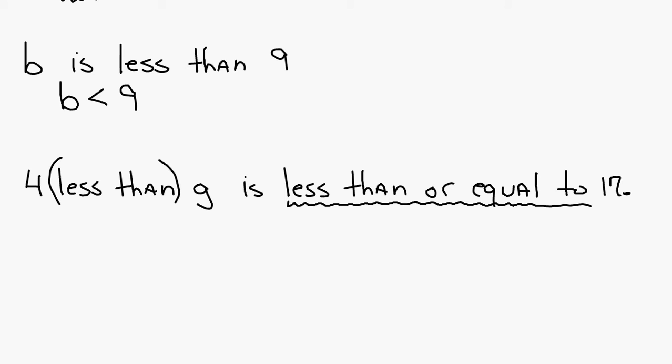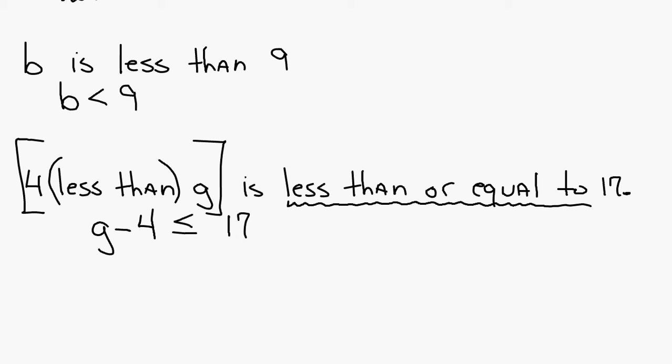So this first less than refers to subtraction. 4 less than G, okay? That's going to be G minus 4. 4 less than g has to get done first. 4 less than g is the number g, whatever g is, minus 4. Okay? That is less than or equal to the 17.